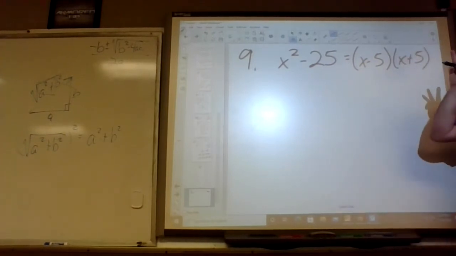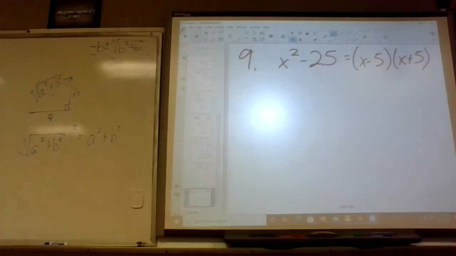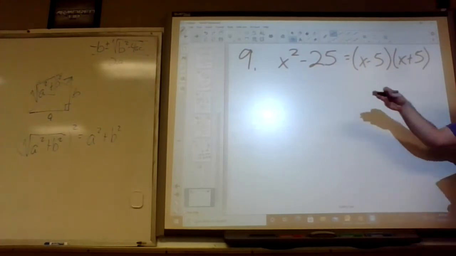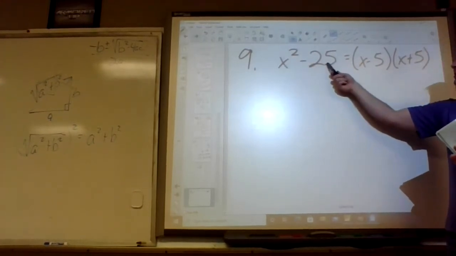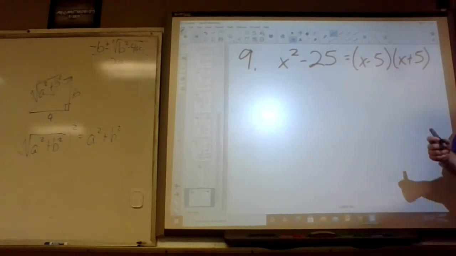Right. This is the third way we learn, a square minus a square. You take the roots. You do one with a plus, one with a minus. Yeah, these are conjugates. The square root of this is x, square root of this is 5, so x minus 5, x plus 5.